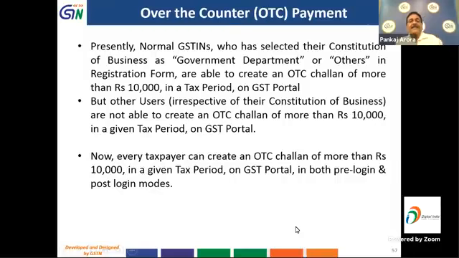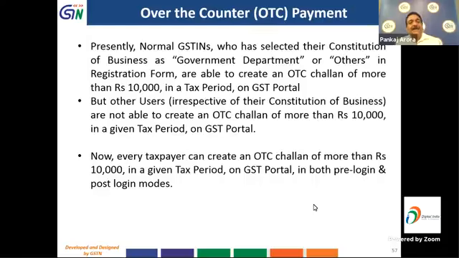Another important thing is that earlier, for taxpayers not falling under the government department category, there was a restriction on making tax payment under the over the counter category. Earlier there was a limit of rupees 10,000 for making over the counter challan in a tax period.